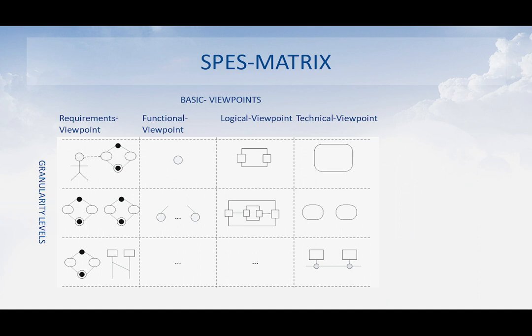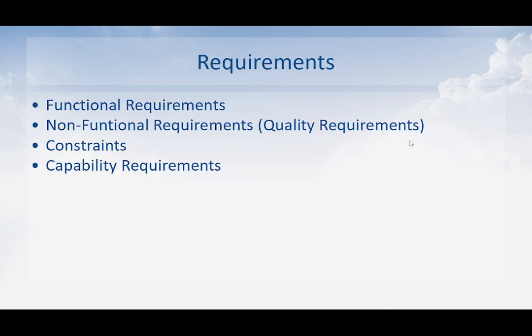Okay, there are different kinds of requirements: functional requirements, non-functional requirements, constraints, and capability requirements. Functional requirements describe the input-output behavior of a function, as you can guess from the name.